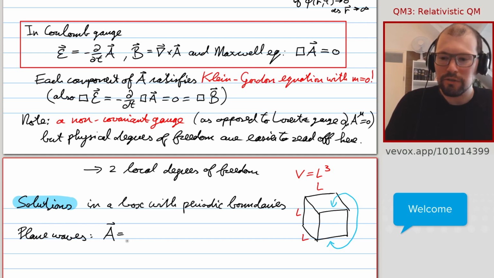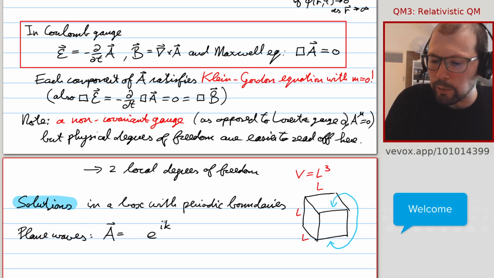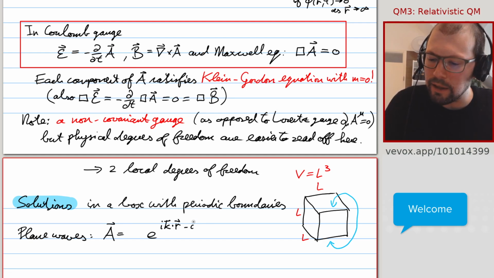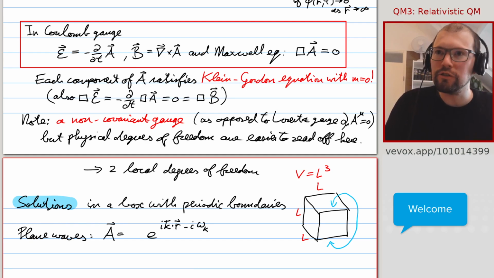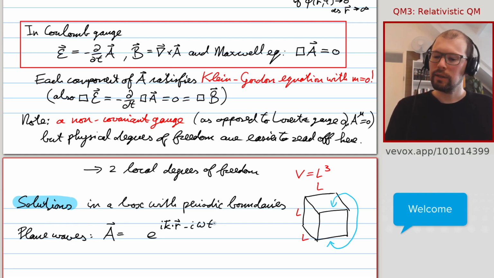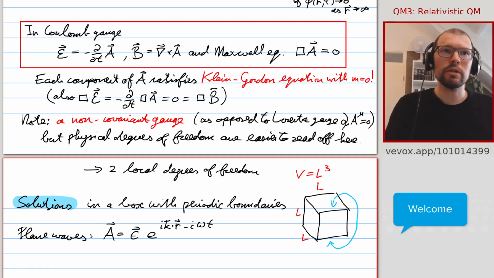So this vector field, the plane wave, will be of the form a wave vector k, and then an angular frequency, let's write omega just for now. Okay, so this is a scalar, so we have to multiply it by some vector epsilon, which will be the polarization vector.